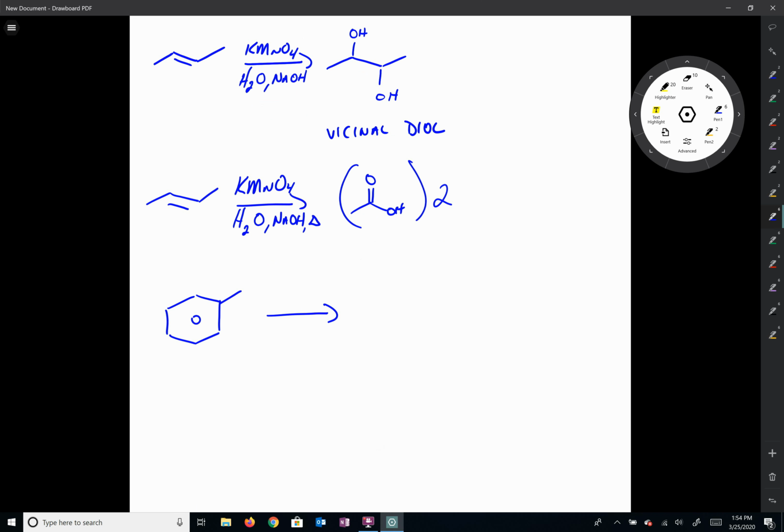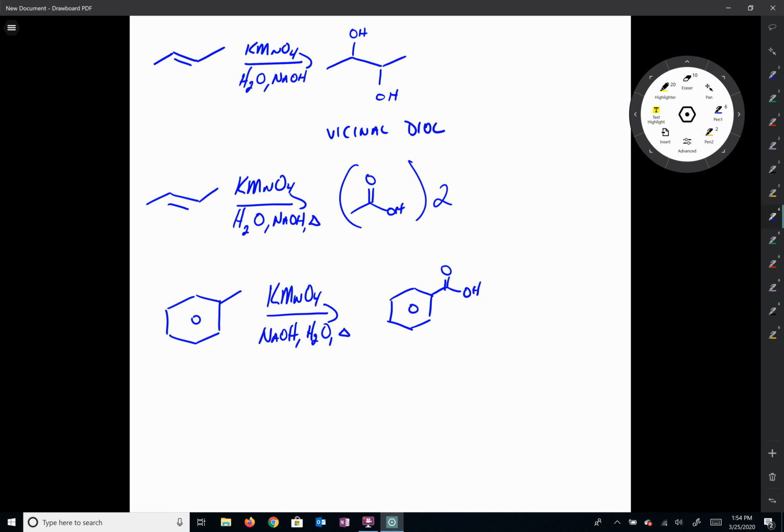And in fact, we can use it to do some fairly useful chemistry, well, useful at times. So let's say that we have our buddy toluene here. And if we take toluene and we put it under these harshly oxidizing conditions, we will get a reaction where we will actually oxidize that carbon and turn it into a carboxylic acid.